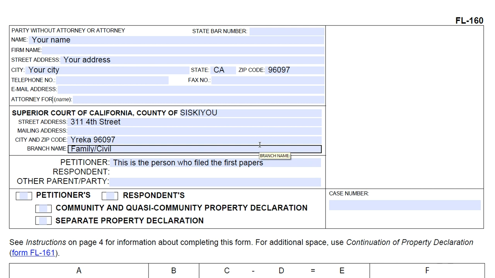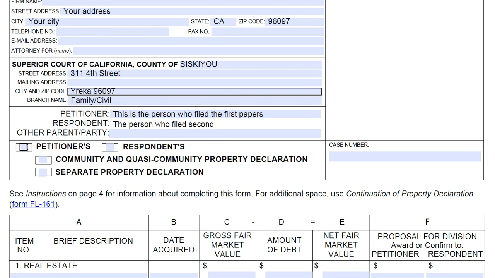And the respondent is, so that's a little bit of a clunky way to think about it, but the respondent basically is the person who is being divorced or separated from. You could think of it as if you know who filed the papers, then the petitioner is the other person. Okay, let's move on.